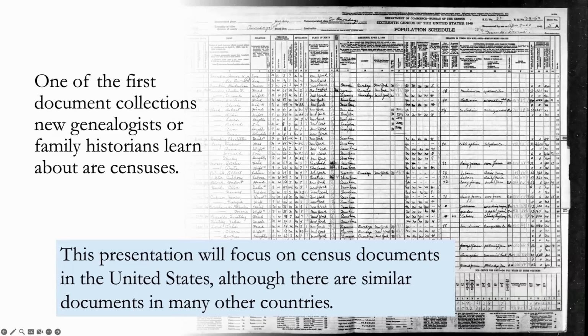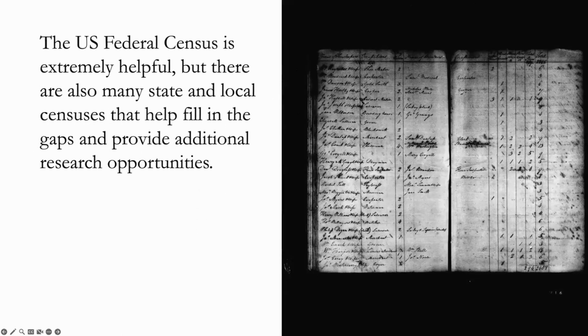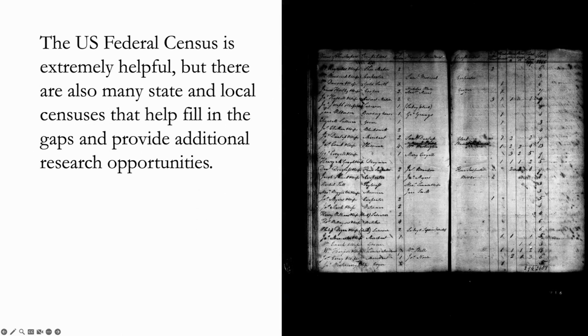The idea here was to focus on records that were not the U.S. federal census records. So we're going to look at state and then down into local censuses. There are many state and local censuses that help to fill in the gaps and provide research opportunities. It's just something you need to know.